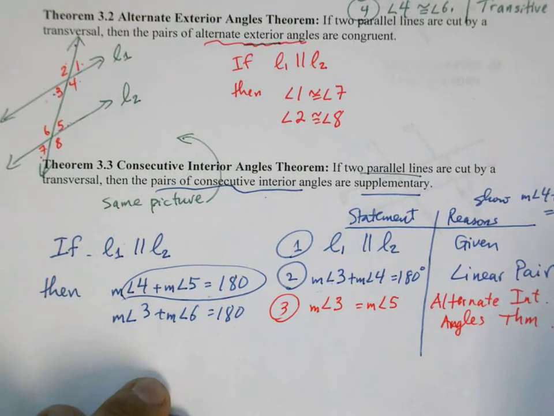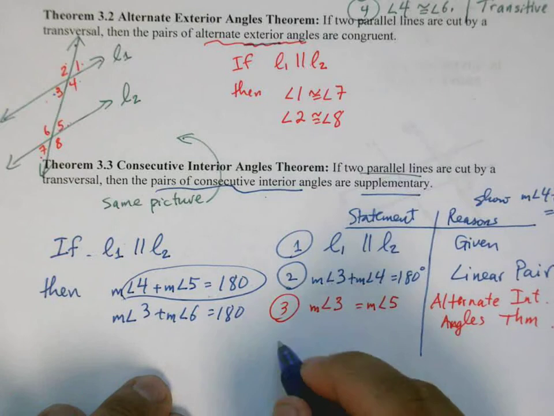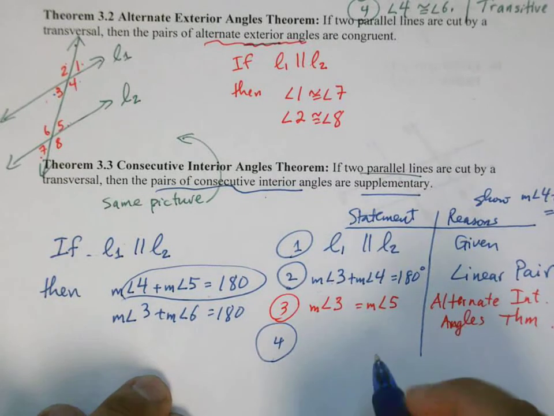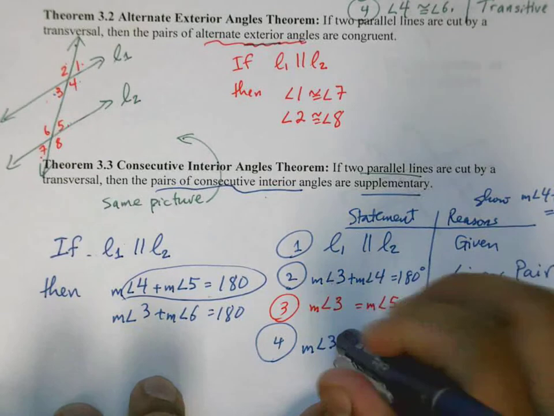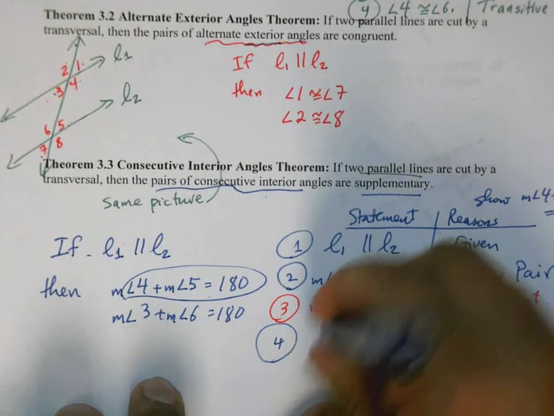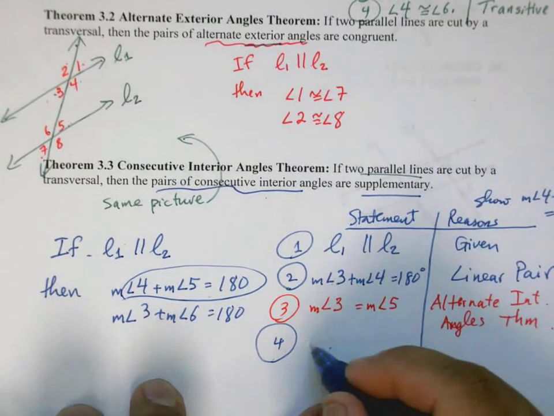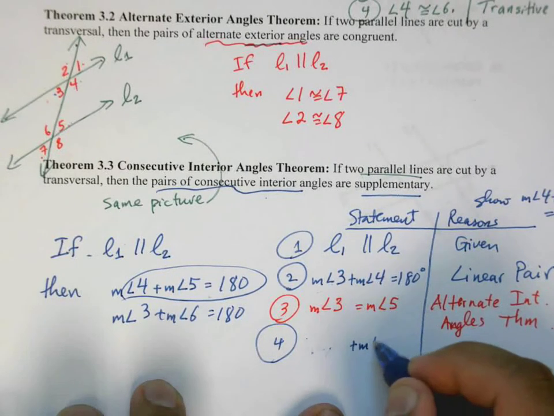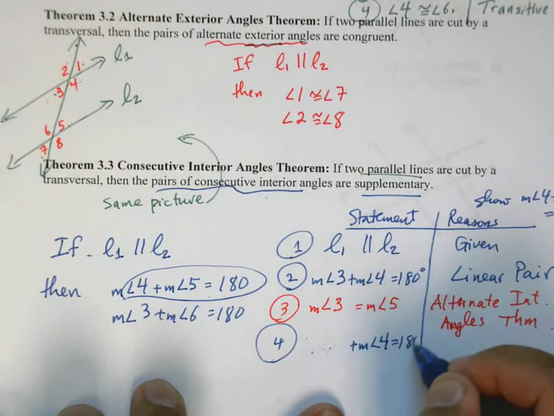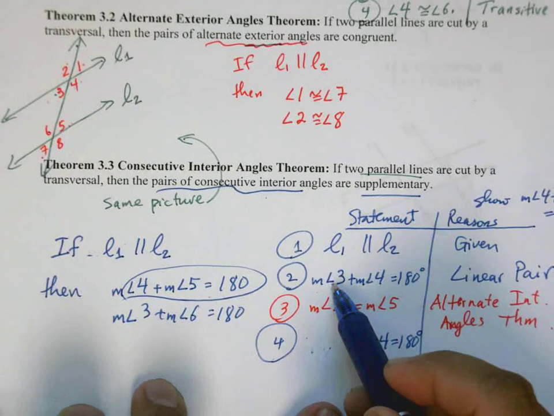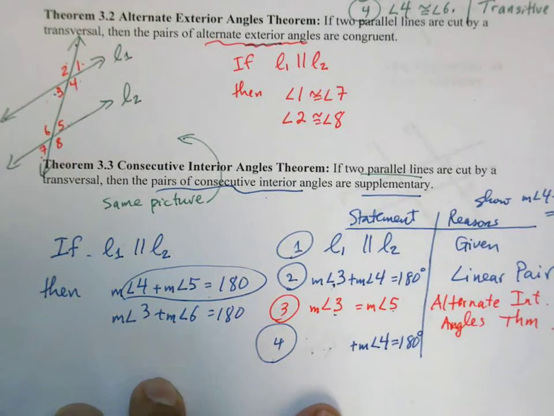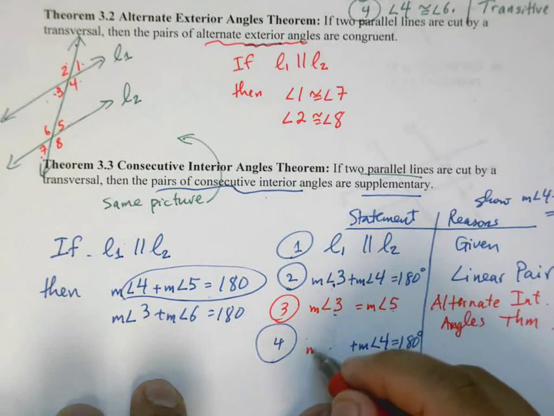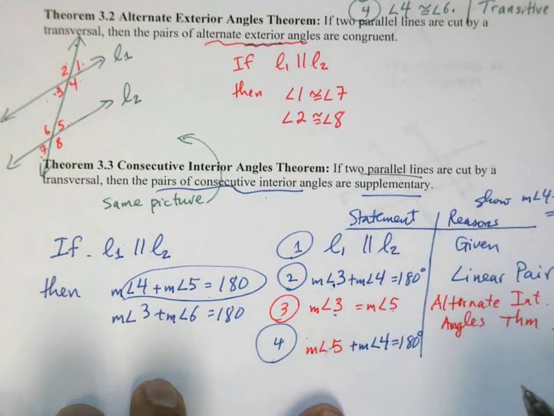And now I have a statement of equality, so I'm just going to take statement 2 here and write almost the exact same thing. Measure of angle something plus the measure of angle 4 equals 180. Now it originally had measure of angle 3, but 3 and 5 are the same, so I can make the substitution and say measure of angle 5 plus the measure of angle 4 equals 180 degrees.